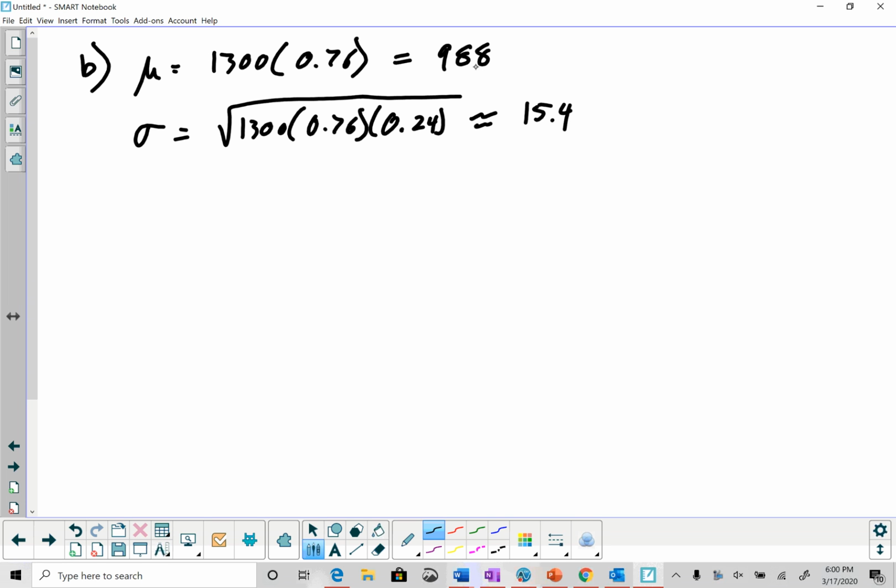That's greater than 10. 1,300 times the other, q, this is 312. Both of them are greater than 10, so yes, it should hold.